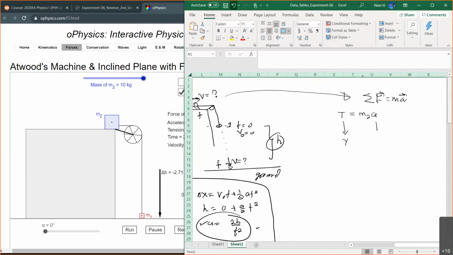Then we're going to calculate acceleration several times by changing the mass m1. Then this will give you a y equals mx type graph. I'm going to use a different symbol here, maybe c. That c is the slope of the graph, which should be equal to the cart mass. You see that?